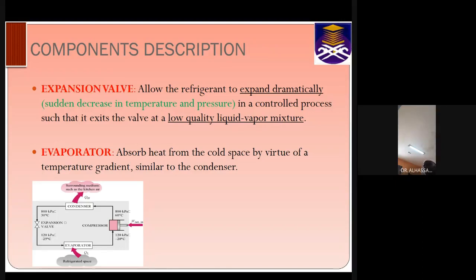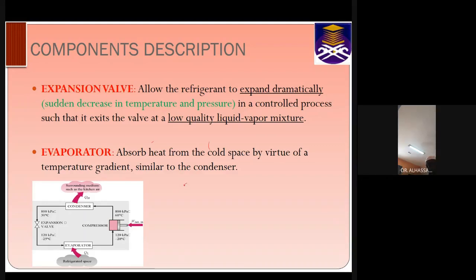Without a compressor, the refrigerator will not function correctly. The desired output for all refrigerators is QL, the amount of energy removed from the refrigeration space.